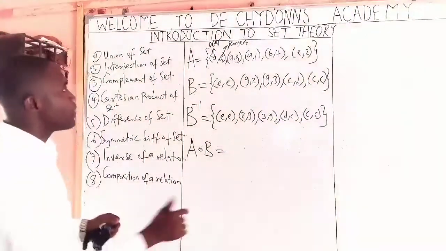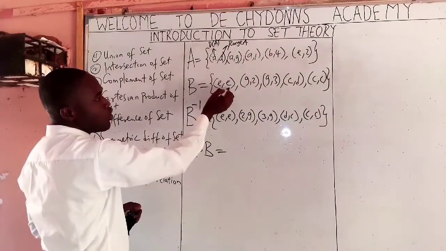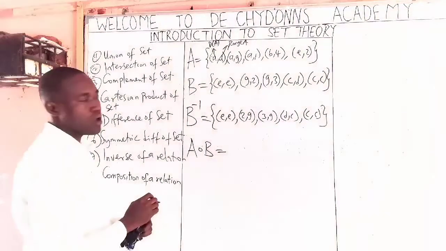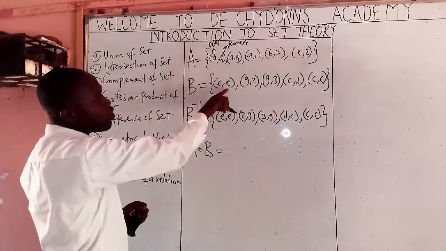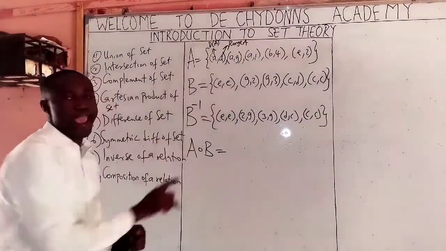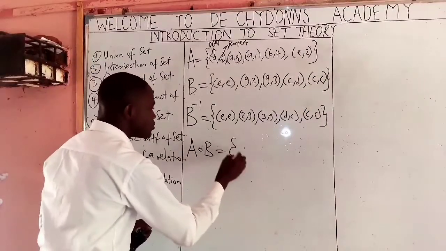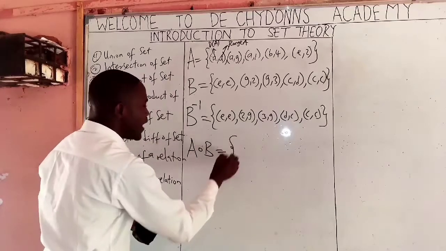See what you do. Check where the first coordinates and the second coordinates of the second set are equal.